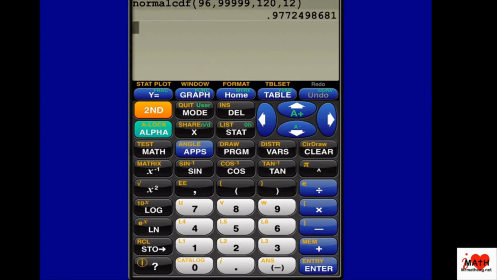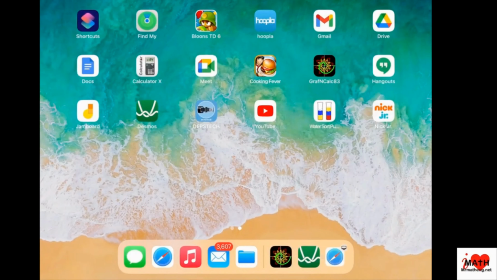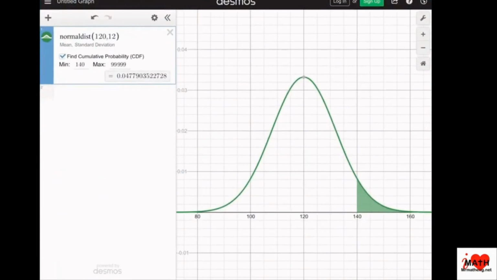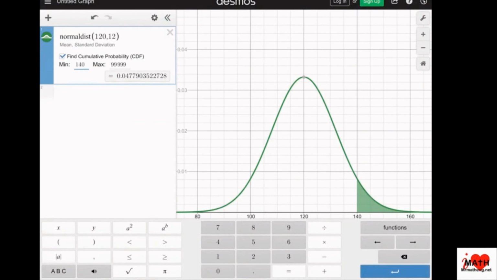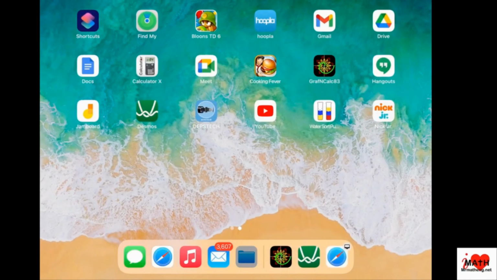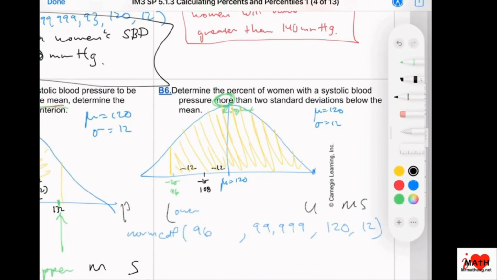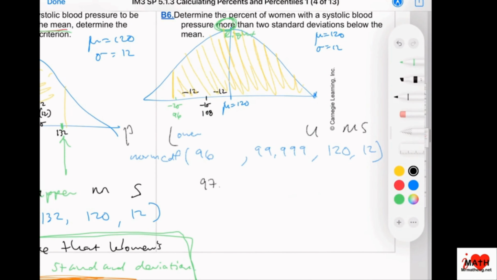And our answer is 97.72%. Let's do that with this one. All the numbers are the same, but the lower is 96, and you can just erase the upper and it goes to infinity. There's your answer, 97.72% chance.